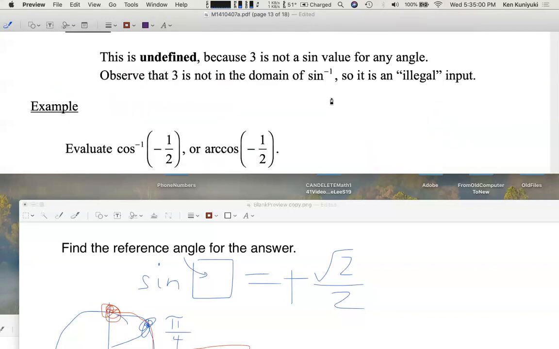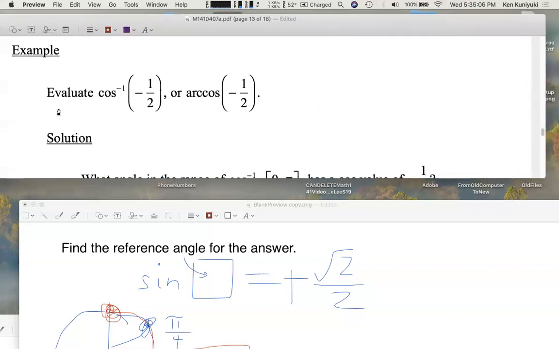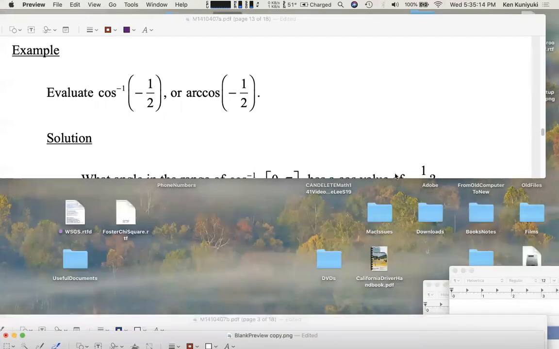Now, going back to this example here. Evaluate the inverse cosine or arc cosine of negative 1/2. 20 seconds, go.